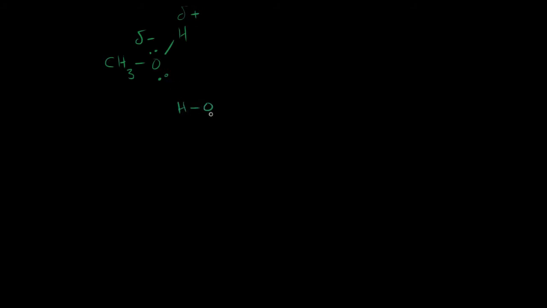Okay, in methanol, we've still got the dipolar aspect of the OH bond that was present in water, so that means that two molecules of methanol can hydrogen bond. And here we go. There's a hydrogen bond between the delta negative oxygen and delta positive hydrogen on another methanol.